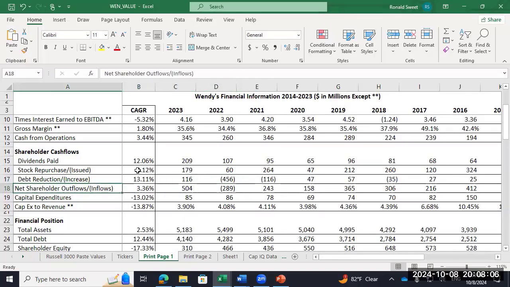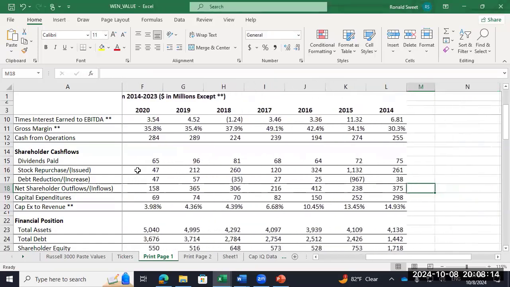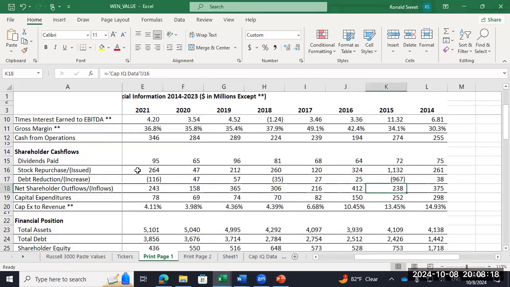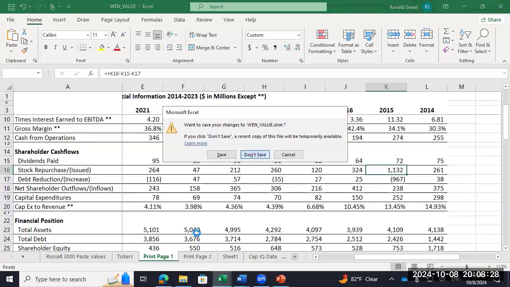But their overall cash flow to their stockholders and bondholders has been growing at a decent pace of 3.36, but it's all over the place, up and down. Even that year when they borrowed $1 billion, they bought $1.1 billion of their stock back, so they still had a slight positive cash flow to their stockholders. I'm going to get out of Wendy's.